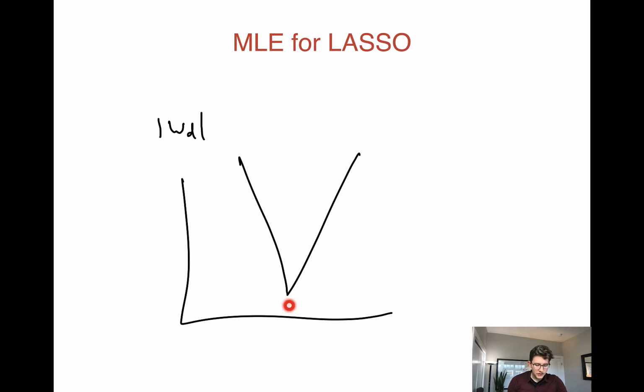Now we have this sharp point here, this function is not differentiable at WD equals 0. So a lot of our simple gradient descent and things like that aren't going to work easily on this, or at least not right out of the box, on this objective function because it's now undifferentiable.